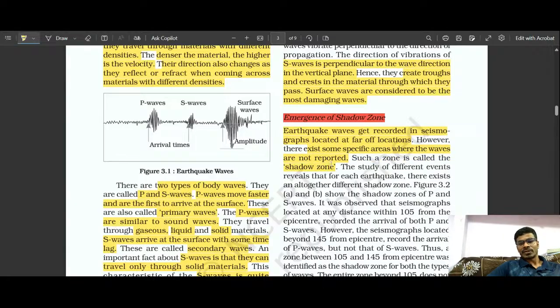So what is shadow zone? There are some places where the waves do not reach. Such zones are called shadow zones.